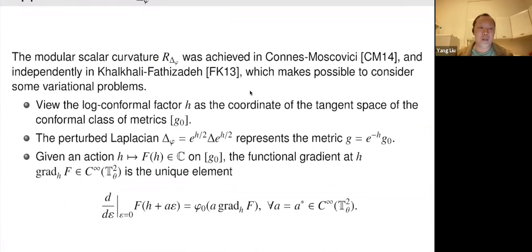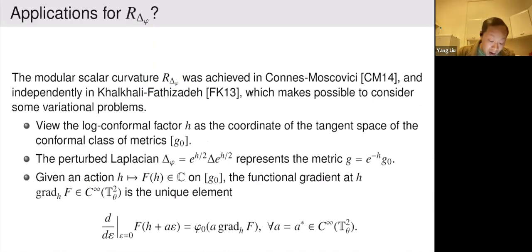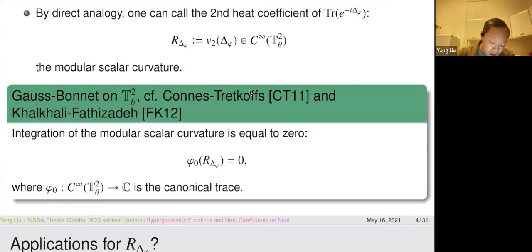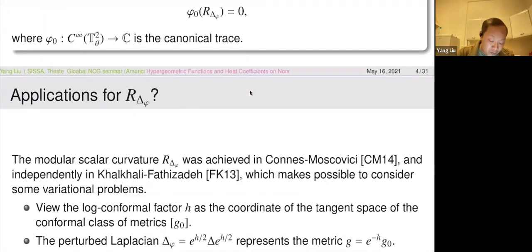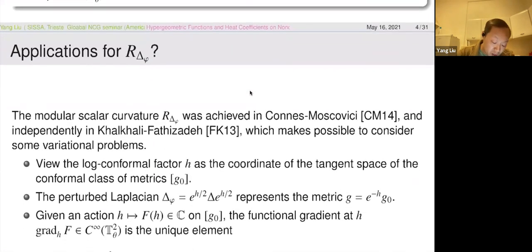And then later, after Alan becomes a master of Mathematica, I think he can compute this full scalar curvature. At the beginning, I think he somehow computed the integration, and then in the middle he had the full information of this scalar curvature.